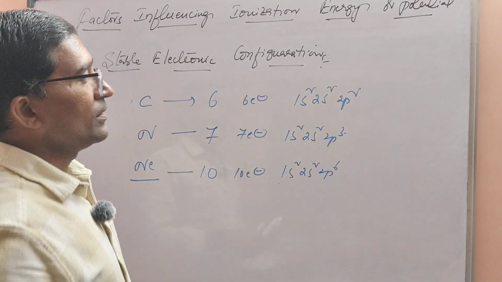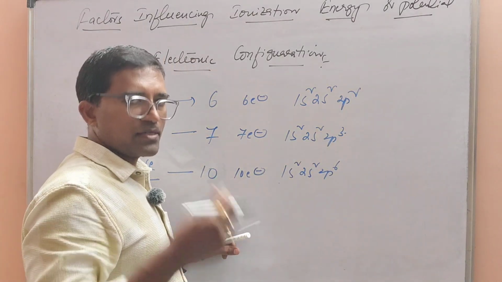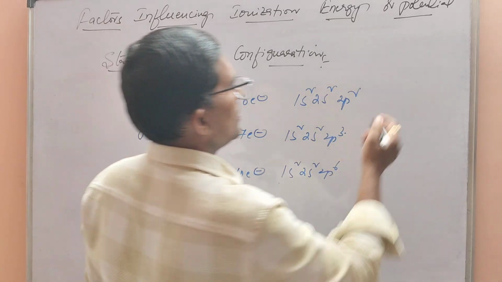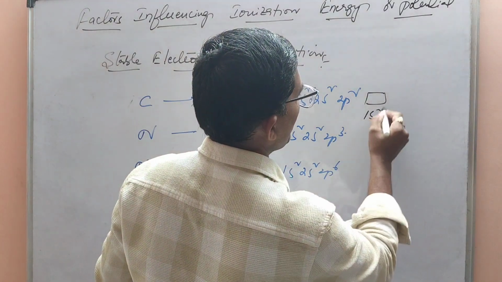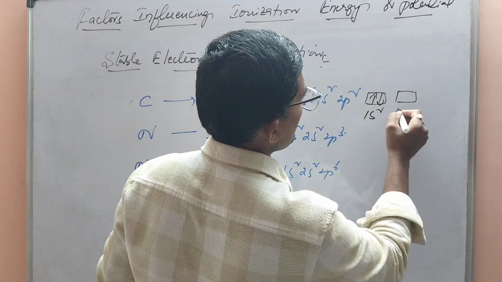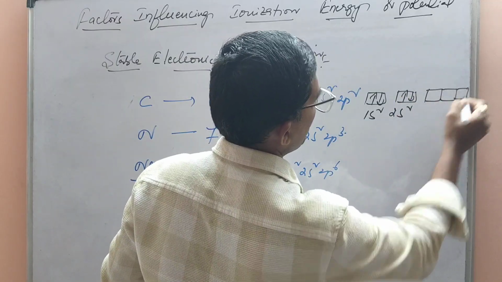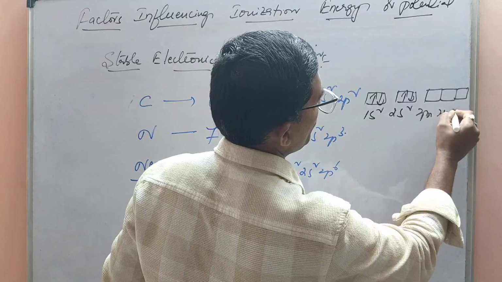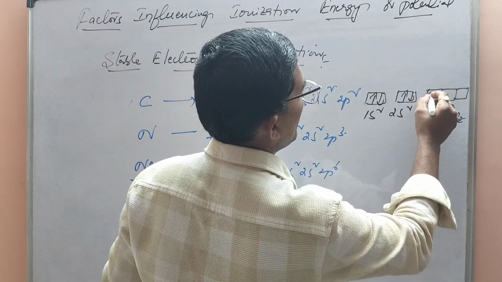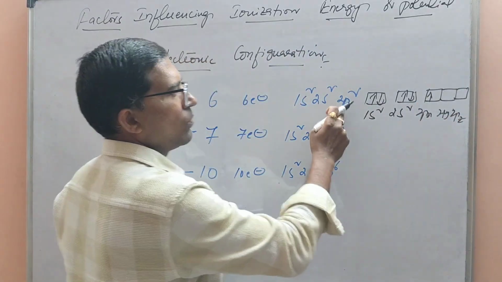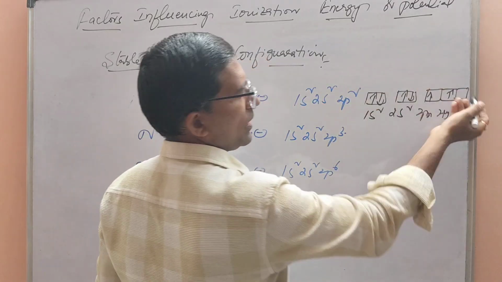Now I will write it even by using degenerate orbitals having the same energy. So 1s does not have any degenerate orbitals. We have 2 electrons with anti-parallel spins, and in 2p, 2px, 2py, 2pz, one electron each according to Hund's rule. No more electrons to fill here.